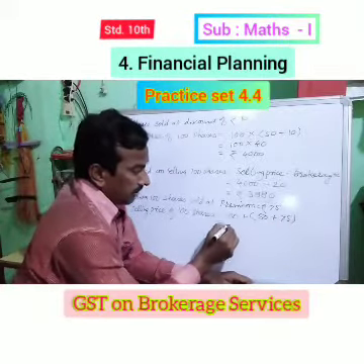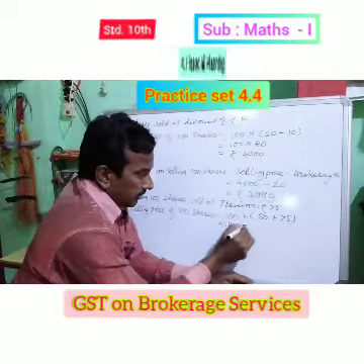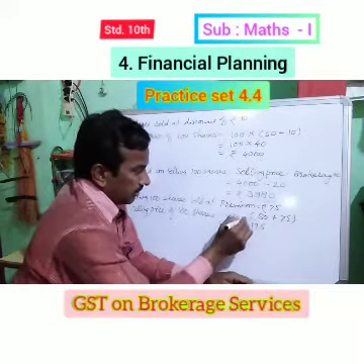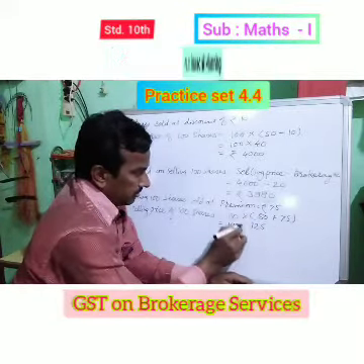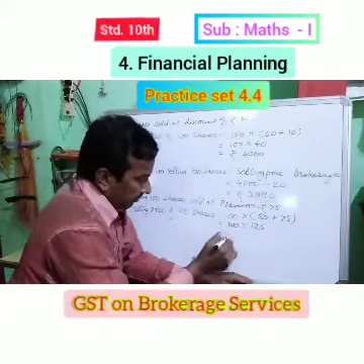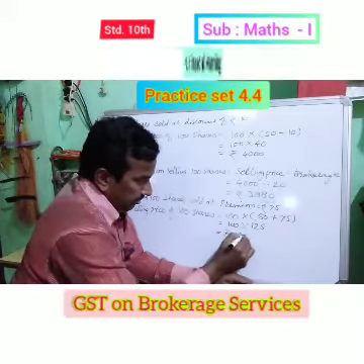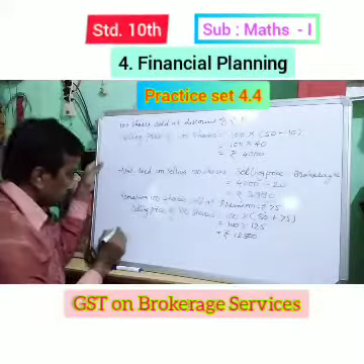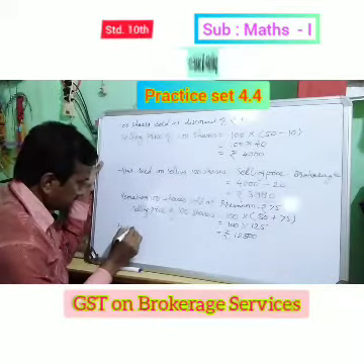Number of shares 100 into 125, then we will get rupees 12,500.